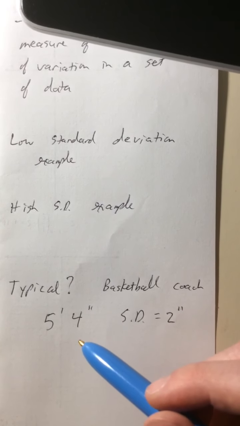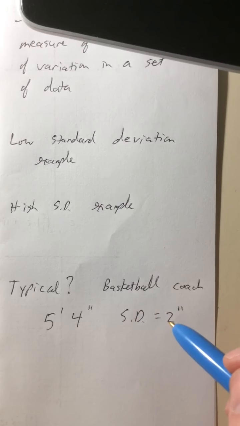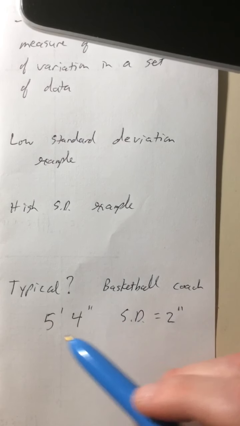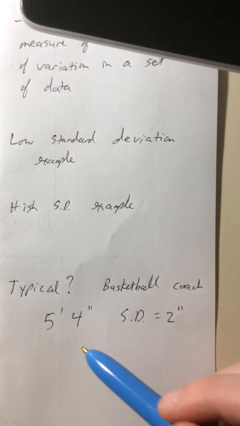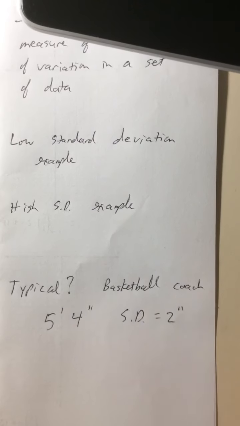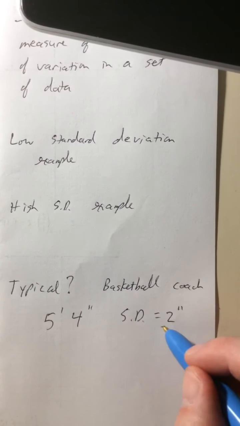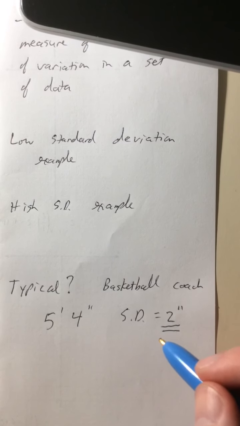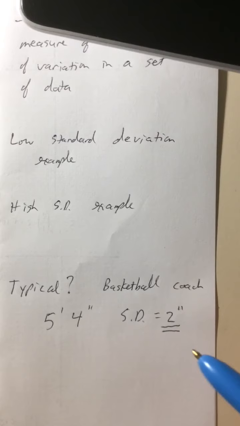Yeah, that's a pretty average height girl. Nothing to see here. But once we start getting past 2 inches, maybe like 3 inches, a girl walks in who's 5'7", or a girl walks in who's 5'1", now the coach notices, hey, that one's different than average, either taller or shorter than average. So the standard deviation tells us how far away from average we need to be before things start to get different, before we start to notice that they're different.